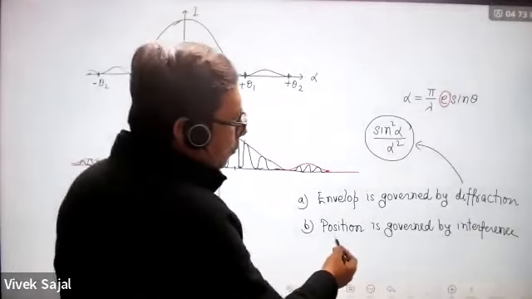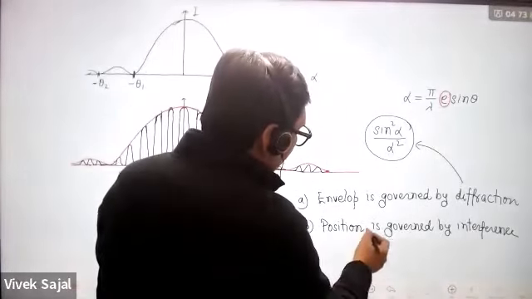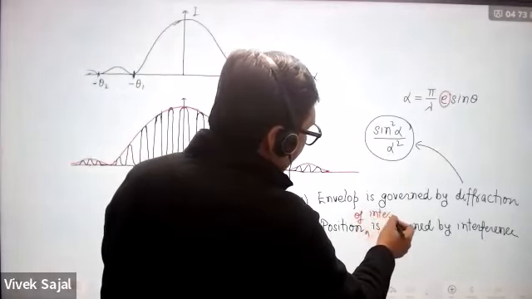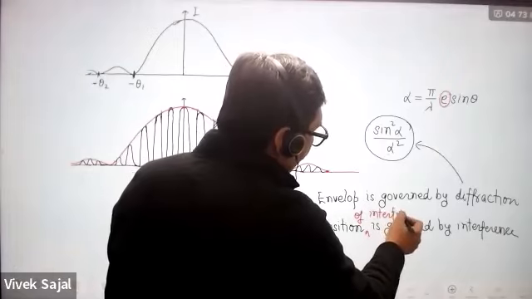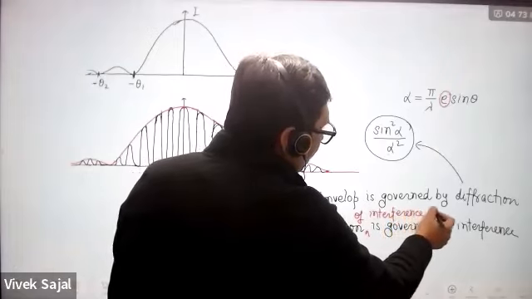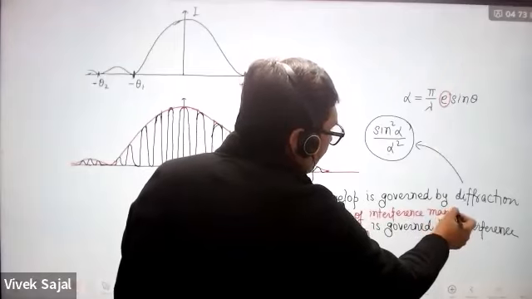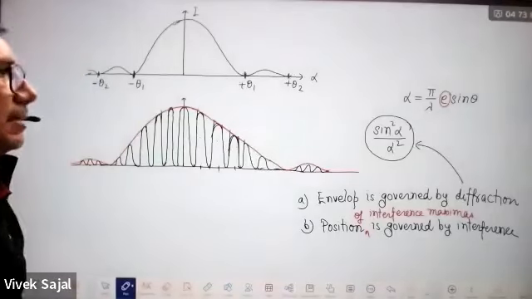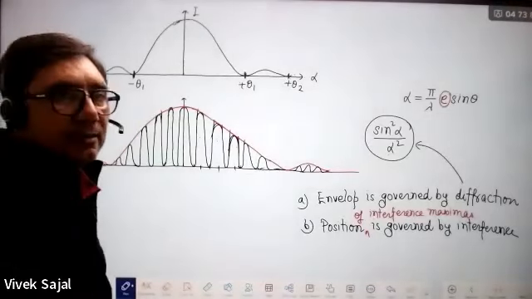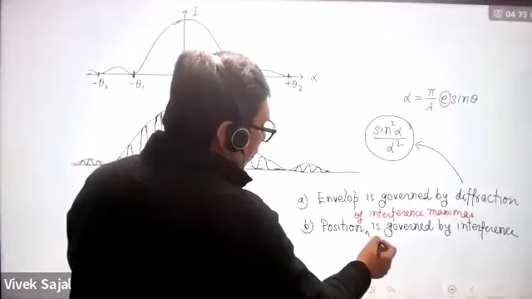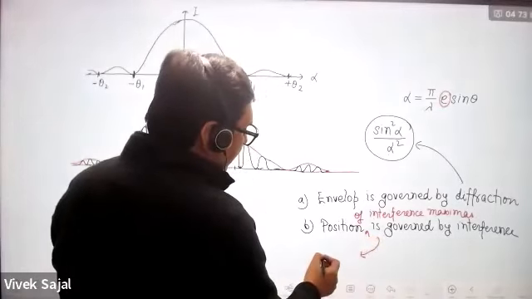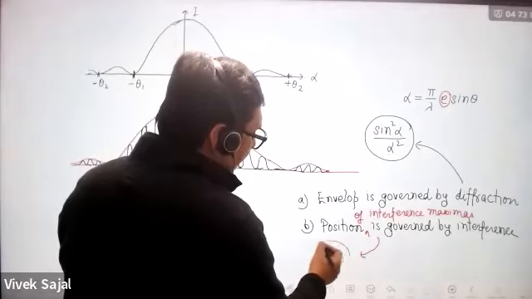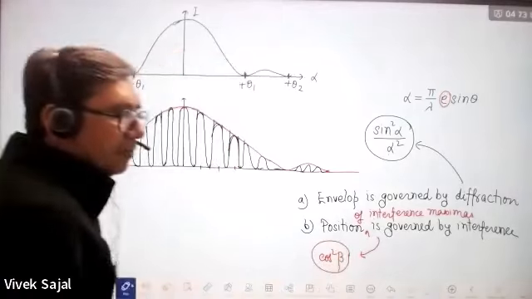Now the second part, position of interference maxima. Here please write interference maxima. The position of interference maxima is governed by the interference itself. Okay? So which term is representing interference? Cos square beta. In the intensity, this term is representing interference.